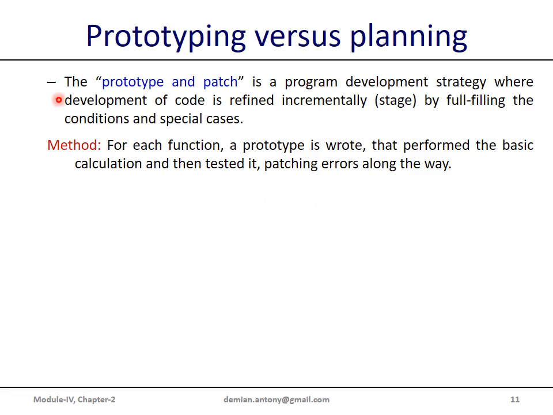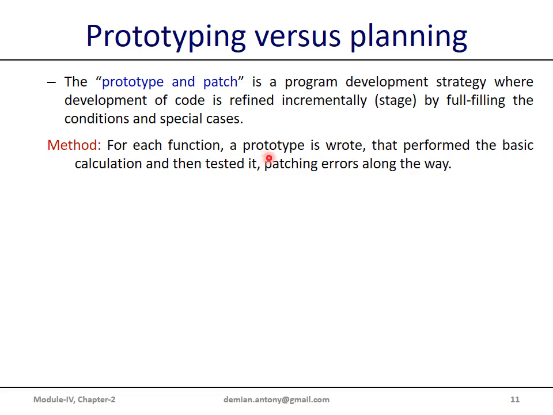To summarize, prototype and patch is a program development strategy where the development of code is refined incrementally, stage by stage, by fulfilling the constraints and special cases. The method used in prototype and patch is writing a function. And how do we write a function?